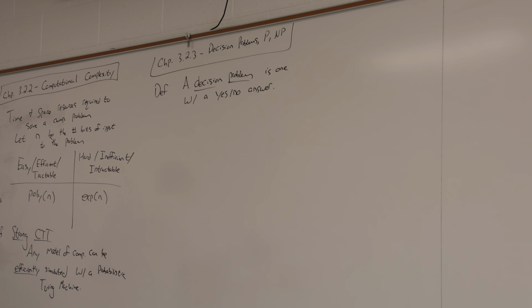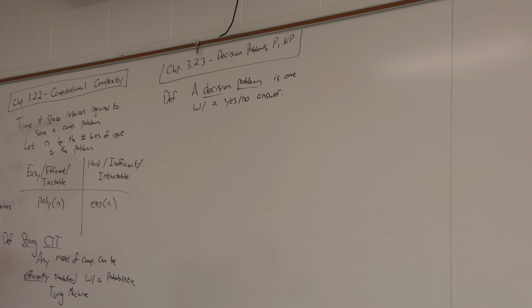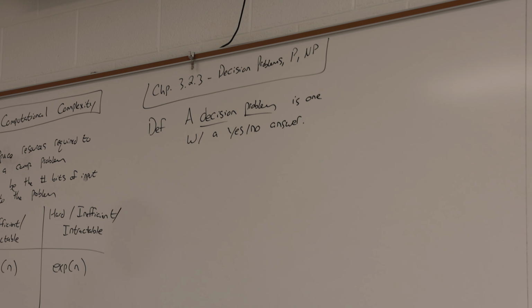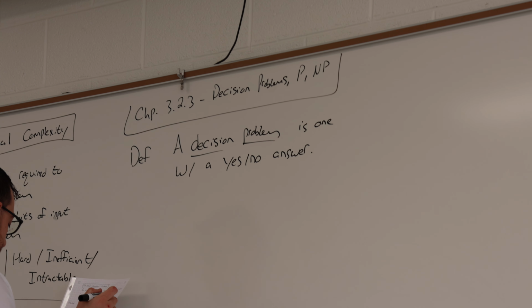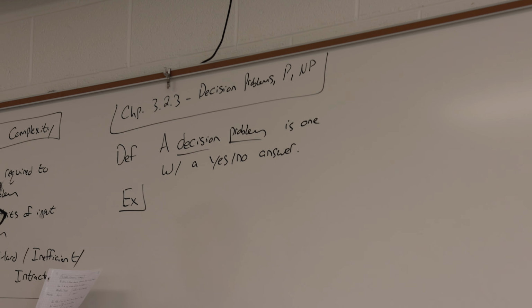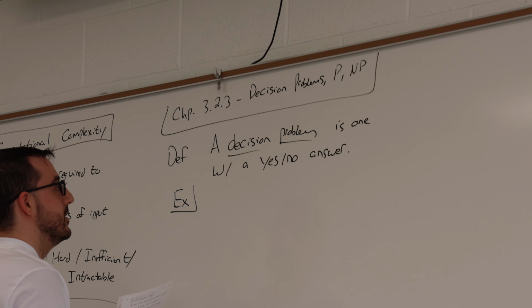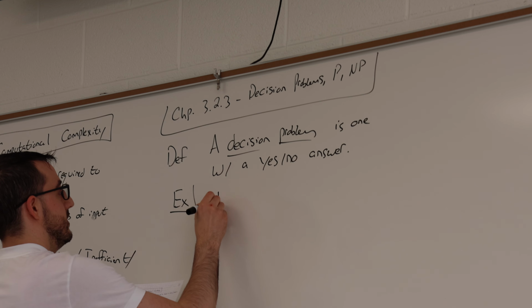For example, is this number prime? Would be a decision problem. It's one with a yes or no answer. The formal way we define this is in terms of what we call a language over an alphabet. So let me motivate that with this example of a decision problem.